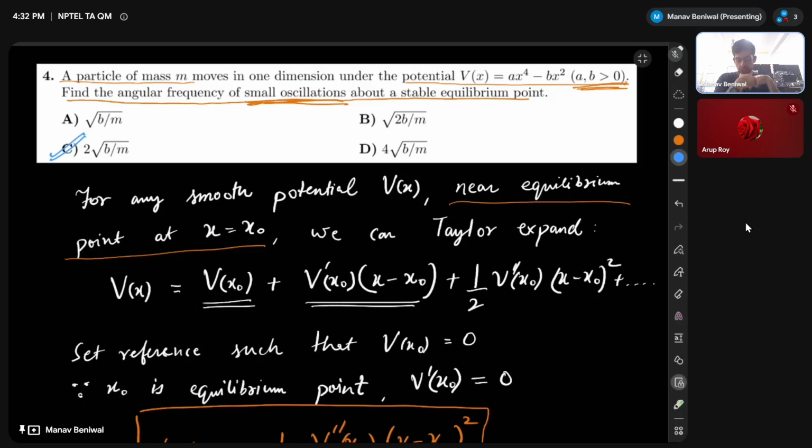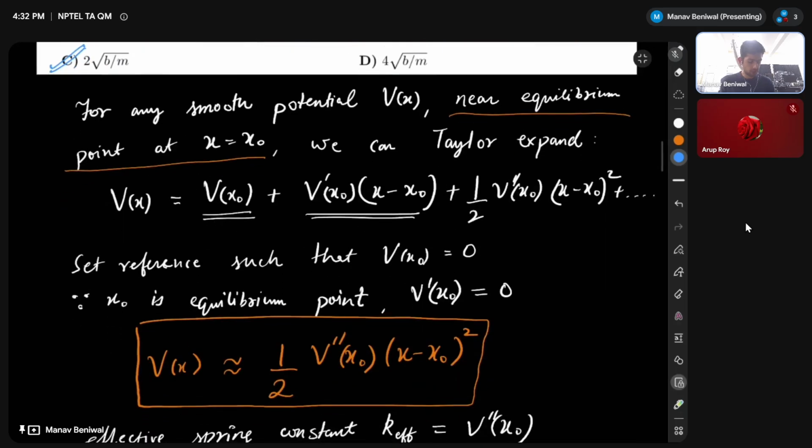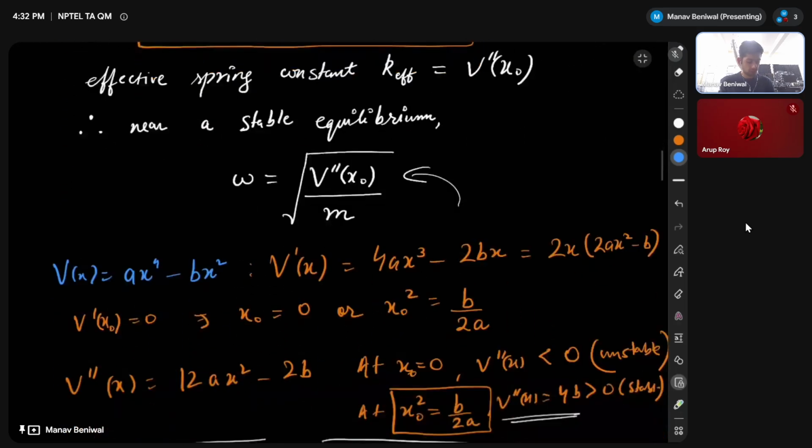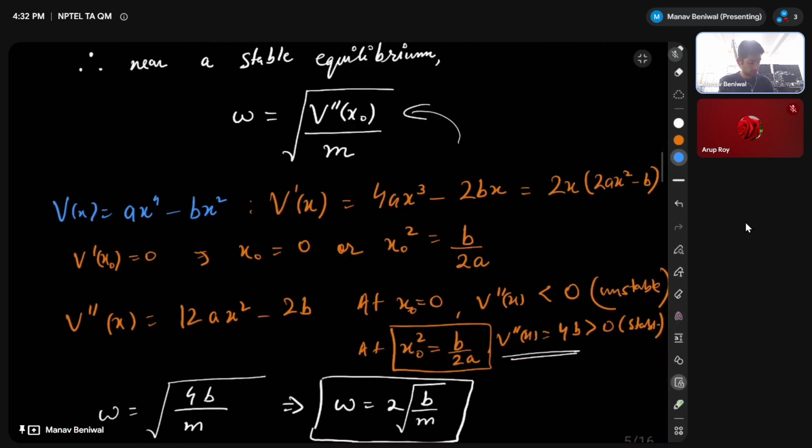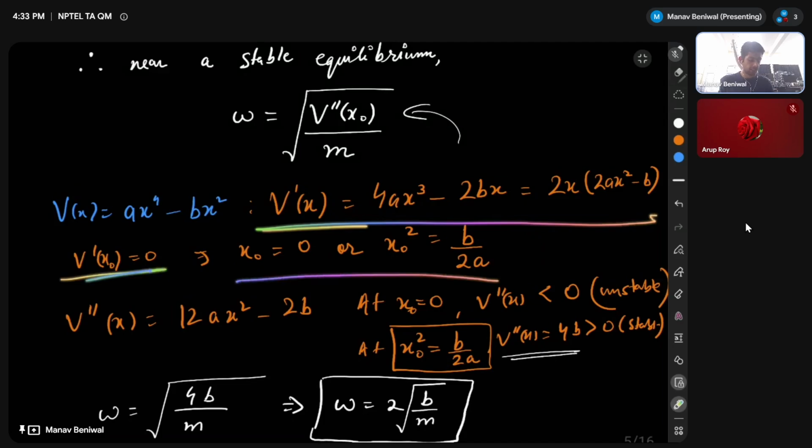This method that we discussed is a general method. Irrespective of the potential that is given to us, we first find the first derivative, set it equal to 0, and that gives us some equilibrium points.